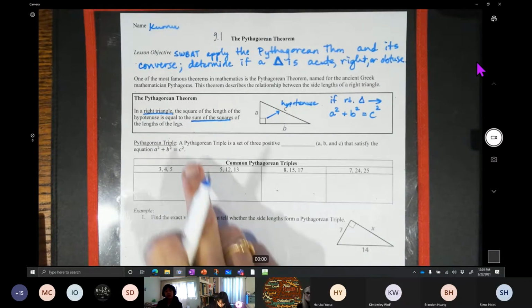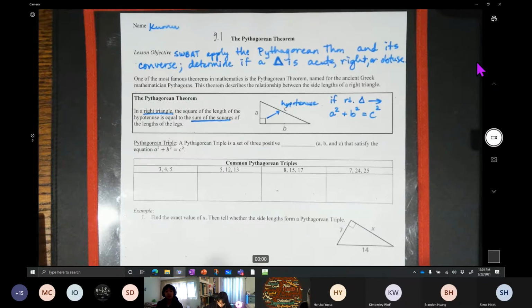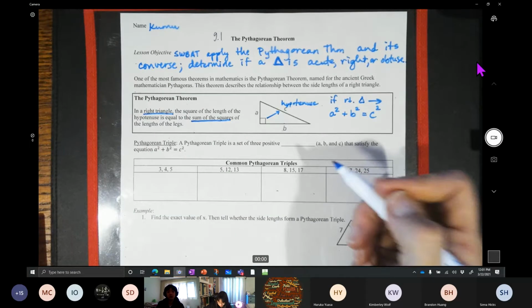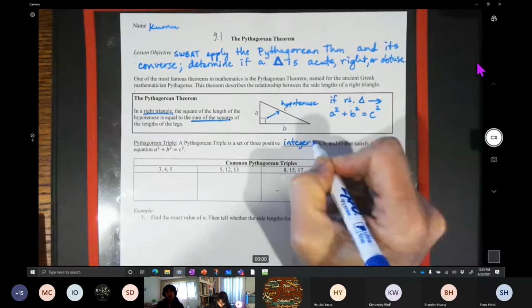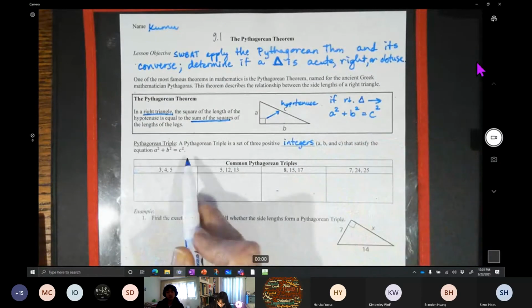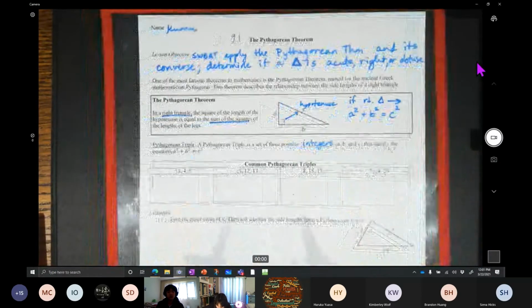A Pythagorean triple is going to super duper help you out, especially if you're really good with numbers in your head. It's a set of 3 positive integers, A, B, and C, that satisfy this equation. You may actually already know about this.